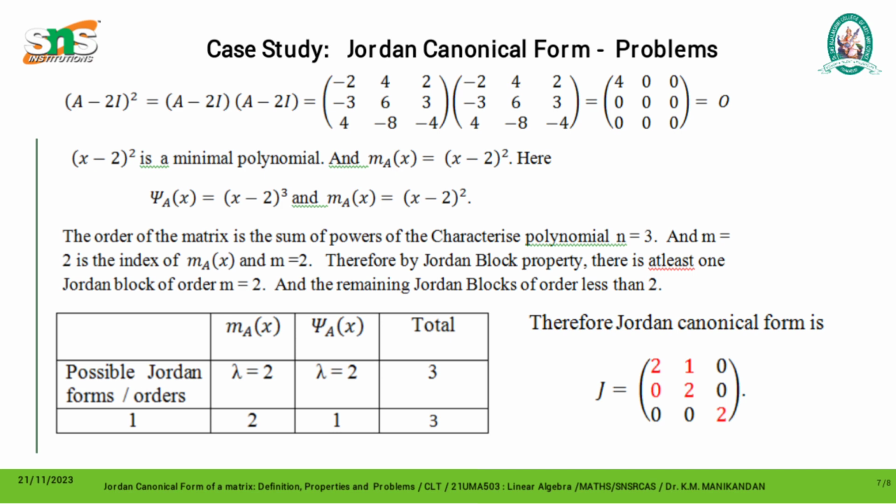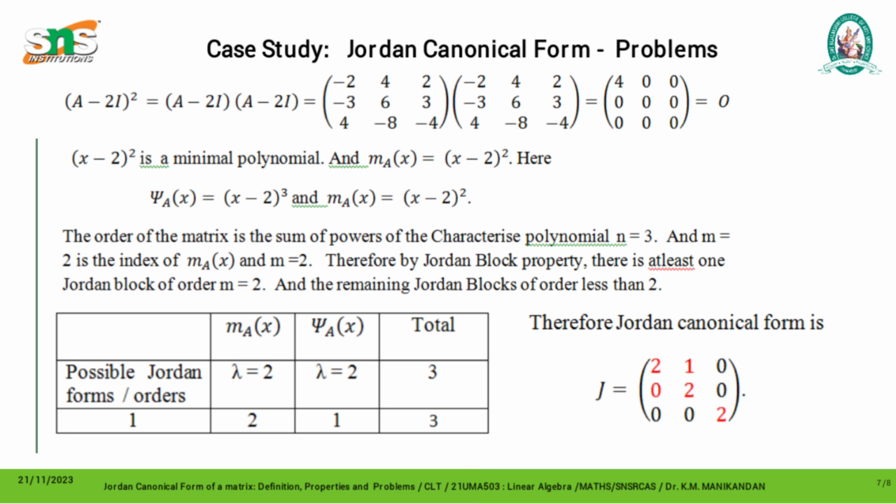By the Jordan block property, there is at least one Jordan block of order 2 because the index of ma of x here is 2. So the remaining Jordan blocks must be of order less than 2. The order of the characteristic equation is 3, so we can construct a matrix of order 3 only.